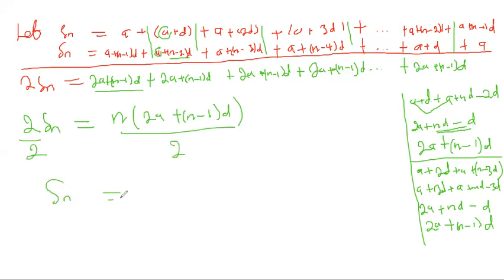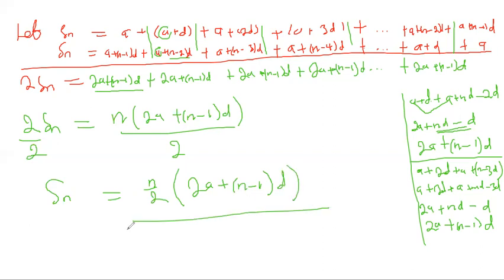And then the formula for our summation will be n over 2 into 2a plus n minus 1 times d. So this is the formula for summation of an arithmetic progression. Okay?